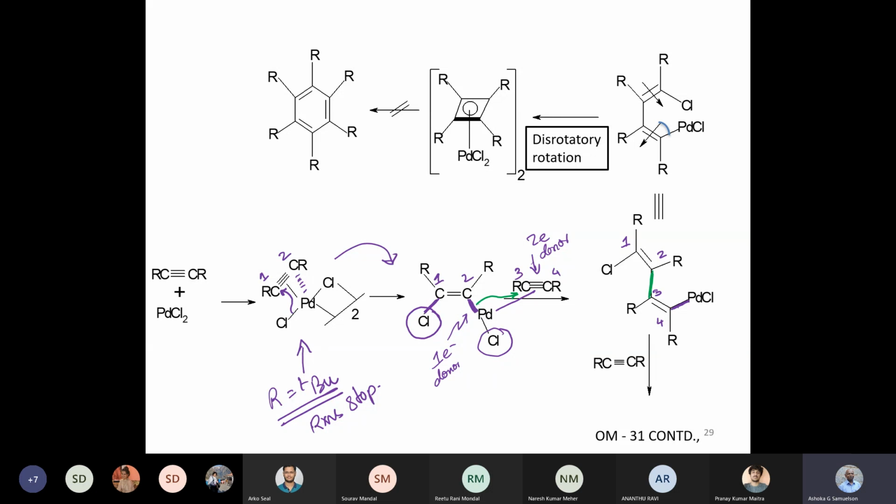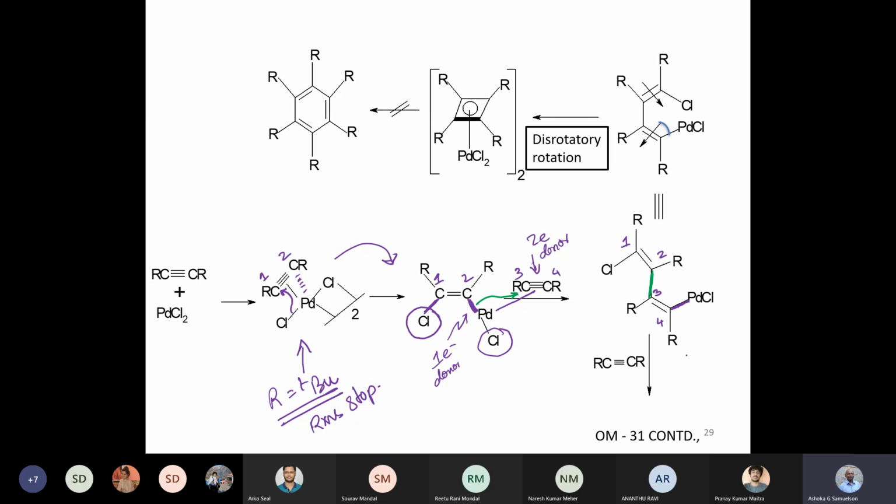In most of these coupling reactions, I suggest that you number the carbons so that you're clear about how the carbon metal bonds are moving and how the bonds are being formed. So now I have done this second insertion reaction.